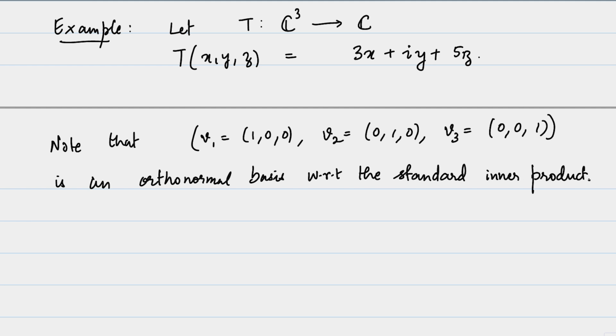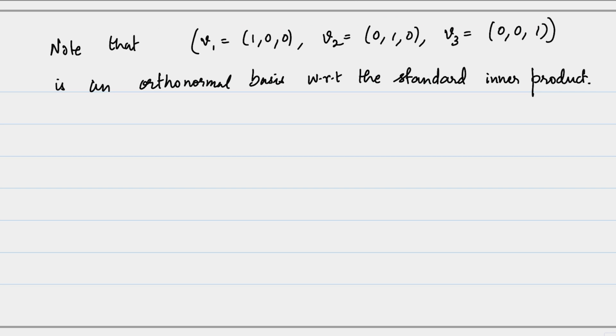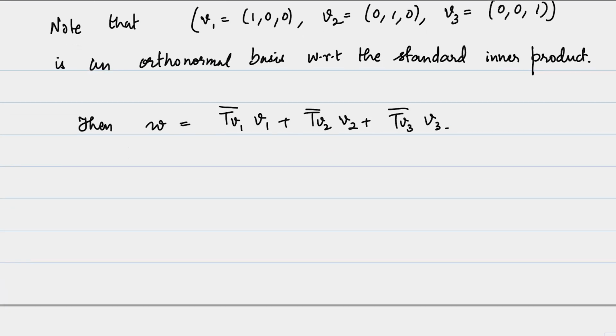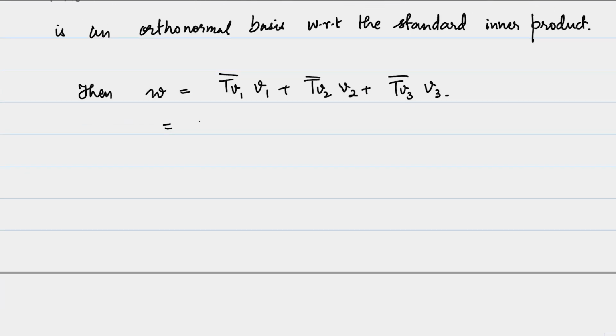But then if you look at the candidate for W, what is our W? W is just equal to TV1 bar V1 plus TV2 bar V2 plus TV3 bar V3. And what is TV1? T of (1, 0, 0). T, if you recall, was 3x plus iy plus 5z. So this is going to be equal to 3 bar times V1, which is (1, 0, 0).